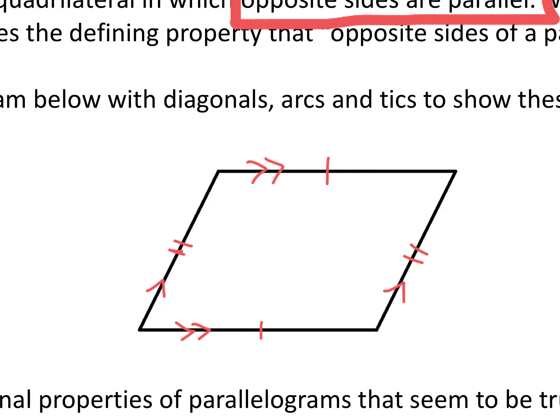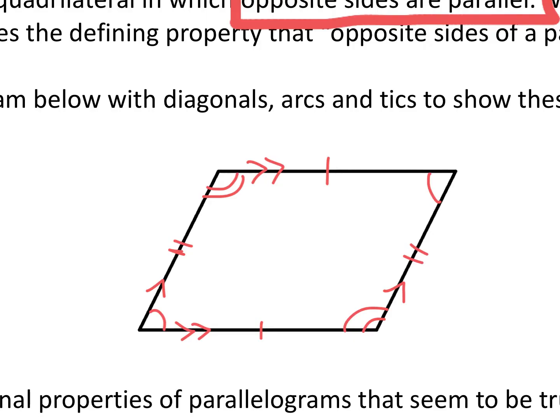And then I'm going to draw in the diagonals. Actually, let's do angles. So this acute angle is congruent to this acute. So those opposite angles are congruent. And this obtuse is congruent to this obtuse. So opposite angles are congruent. Now let's draw in our diagonals.